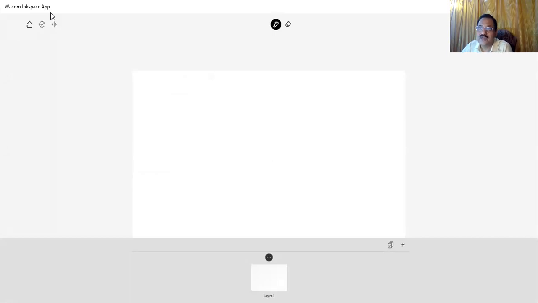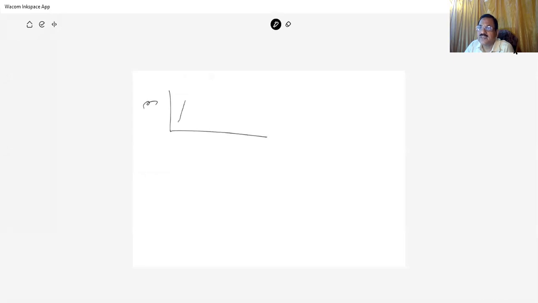So finally what we have is the frequency response curve, and the frequency response curve is something like this. This is your frequency, and here it is gain.